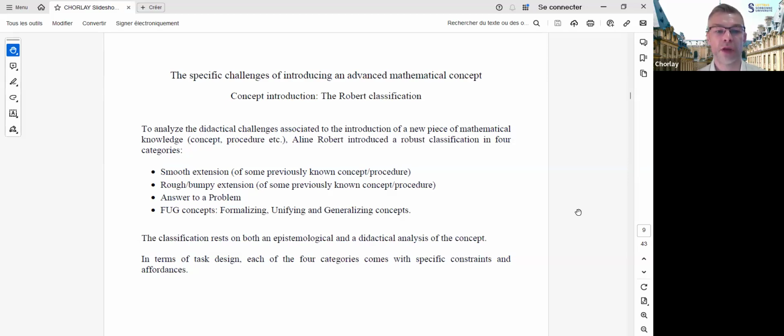Some items of knowledge are so new that they are not extensions of things students knew before, but still, the teacher can introduce the new piece of knowledge as an answer to a problem which the students can make sense of, first condition, and students can also acknowledge the fact that the item of knowledge brought to them by the teacher does solve the problem.